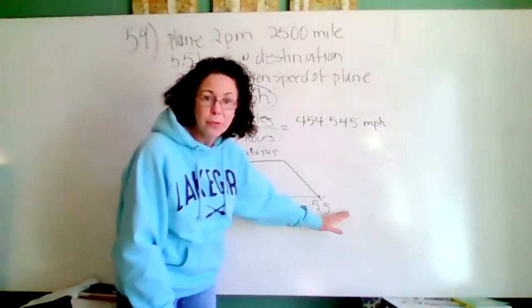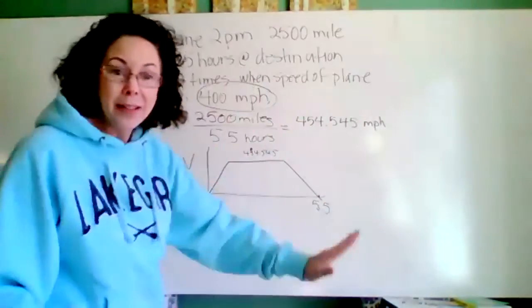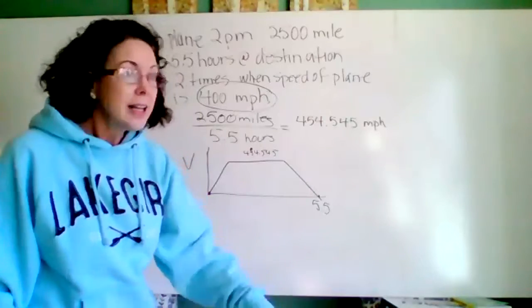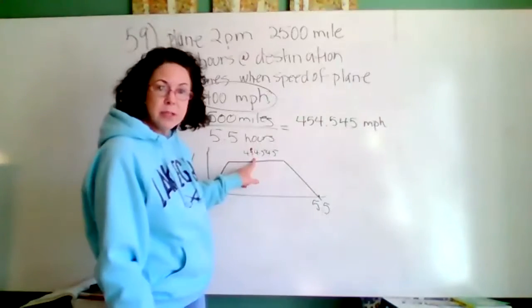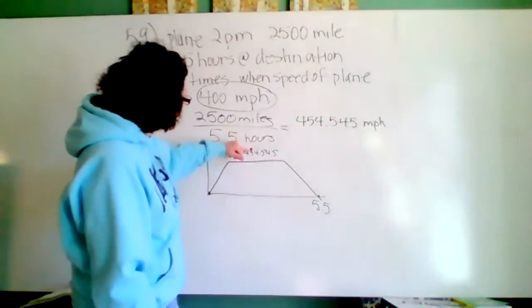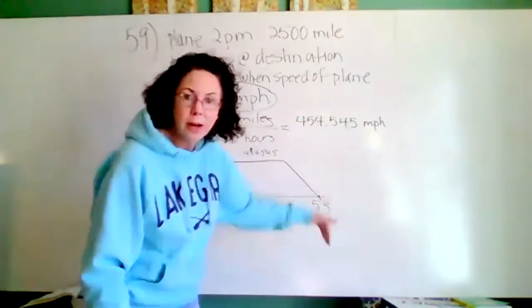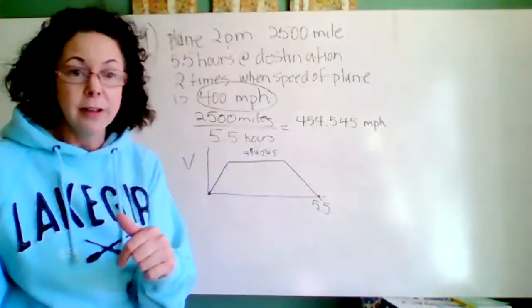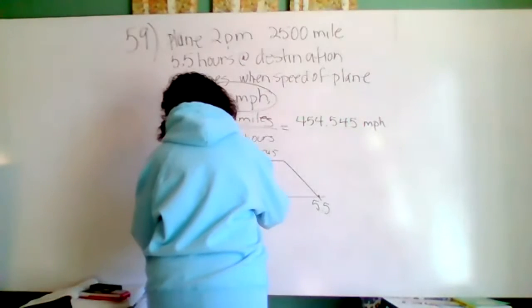Didn't it have to go through 400 miles per hour on the way down too? Because if at some point the actual speed was this, between 0 and that, it had to go through 400. And from this to 0, it also had to go through 400. Does that make sense, Angelina?